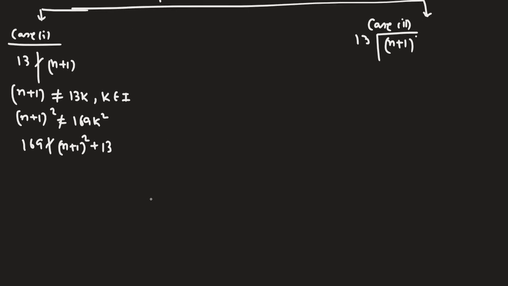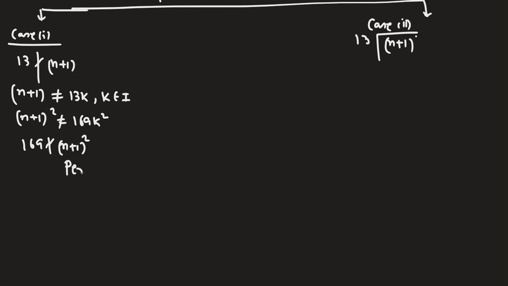Now the question arises, n plus 1 whole square, this expression is not divisible by 169. So now if you add 13, the question arises again whether the expression will be divisible by 169 or not. That is the main part. So here it is a perfect square number.